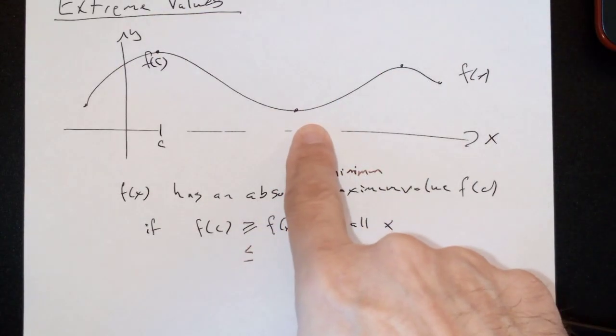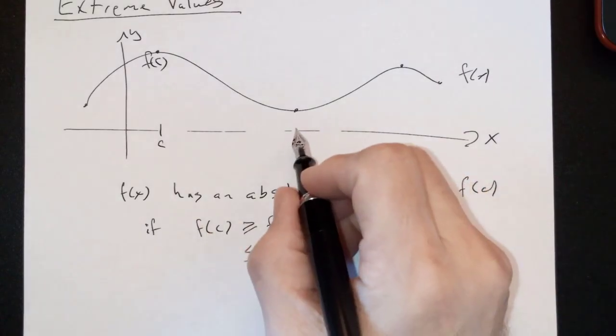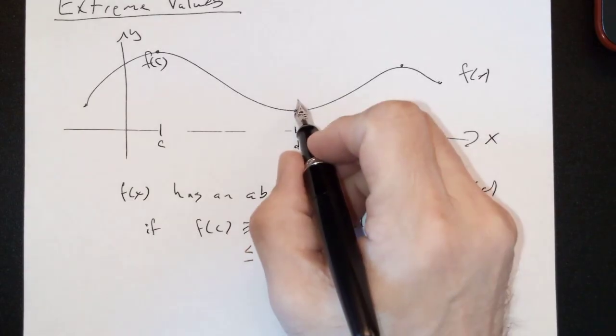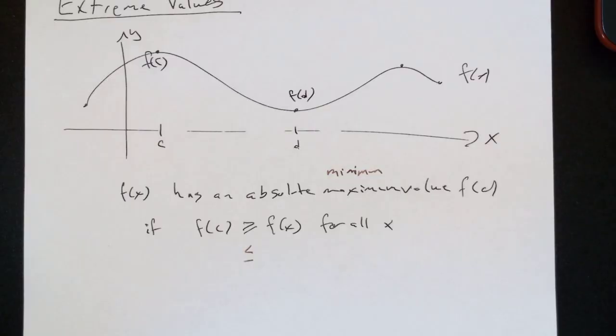I think this one is lower. So I would say that my maximum value is f of d. Sorry, my minimum value is f of d at x equals d.